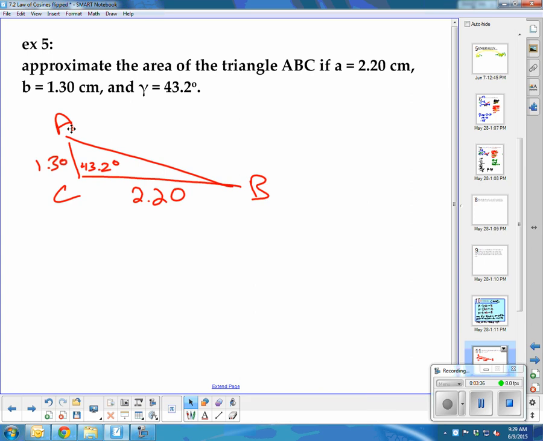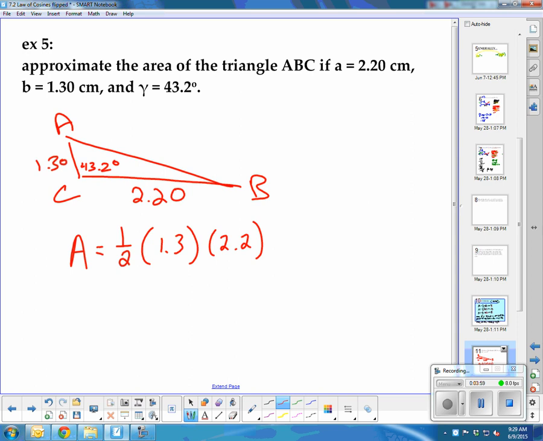Since this is not a right triangle, we used to have to do things like drop perpendiculars. Sometimes they're inside the triangle, sometimes they're outside the triangle, to find the height, and it gets very, very difficult. Now with trigonometry, we can simply follow the formula and say that the area is going to be equal to 1/2 the product of the side lengths multiplied by the sine of the included angle.